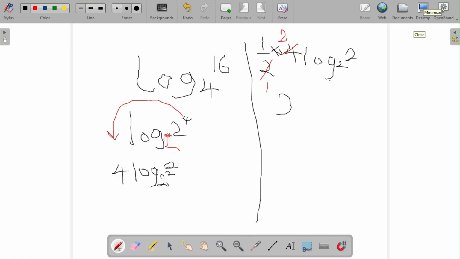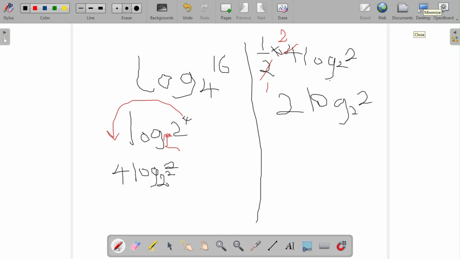This will be 2 log 2 to base 2. So that's 2 log 2 to base 2. So remember from logarithm that log 2 to base 2 is 1.